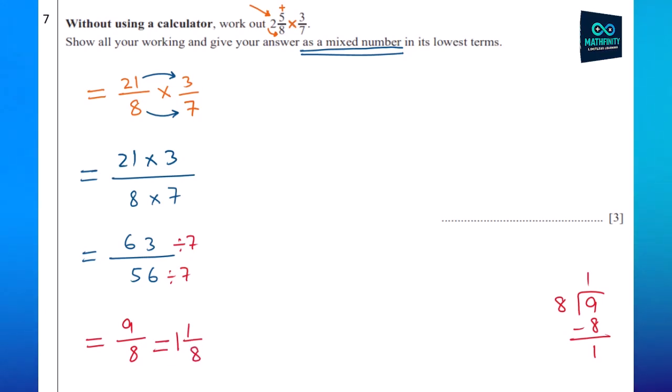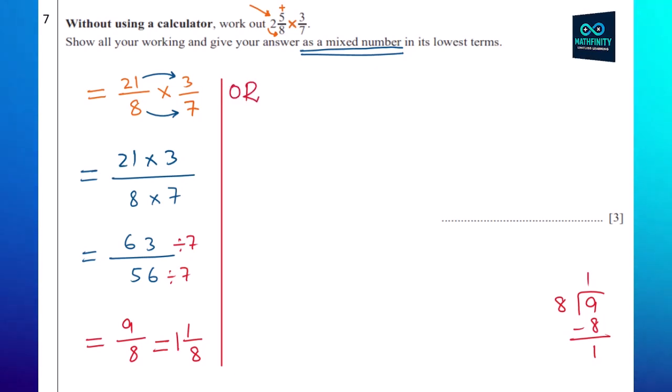Second way is to solve this one: 21 over 8 times 3 over 7. If you are good in tables, then you can use this method. Try to check, can we cancel in the numerator or in the denominator? Like 3 and 8, we cannot divide with the same table, but this 7 times 1, 7 times 3, we can solve.